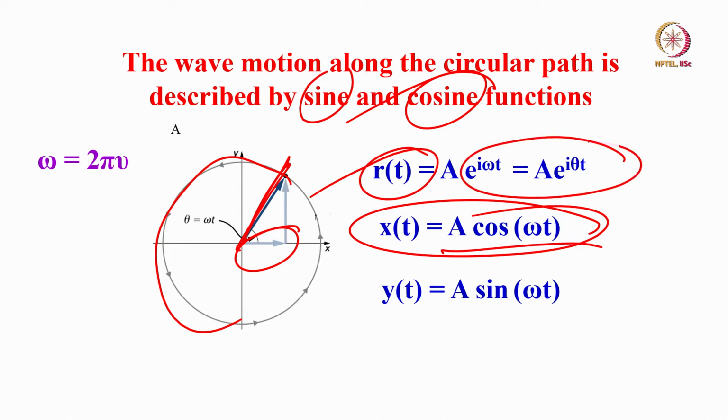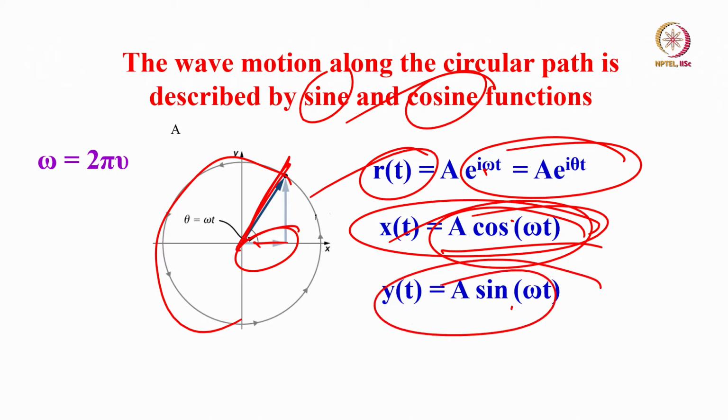It can be expressed by an exponential function, e to the power of i omega t. This can be resolved into cosine and sine functions: the x component is cosine omega t, and the y component is sine omega t, and omega is the circular frequency, given by 2 pi nu. So this is a wave motion along a circular path.